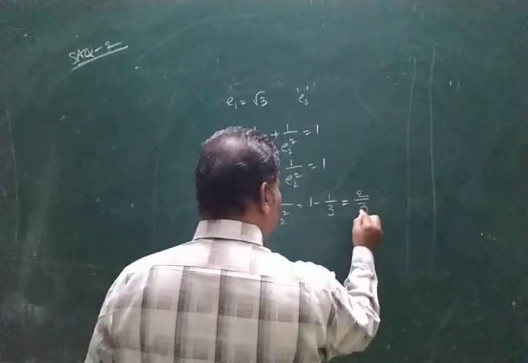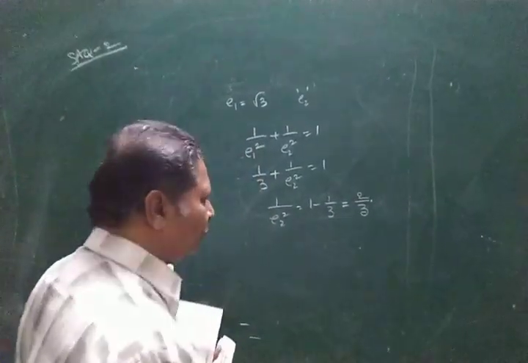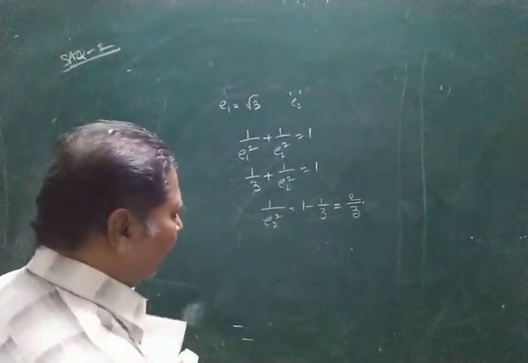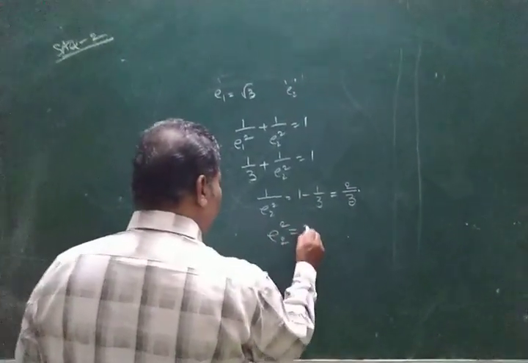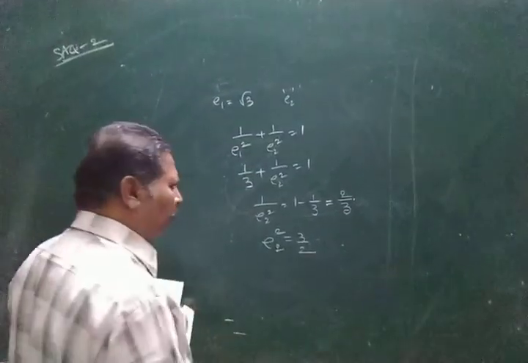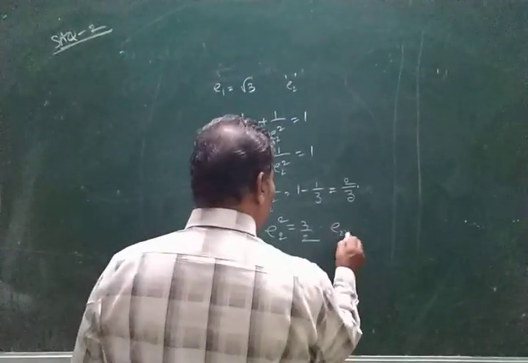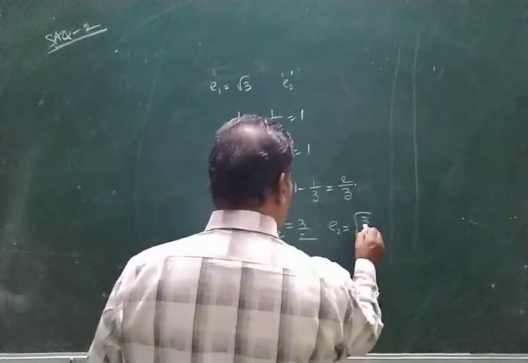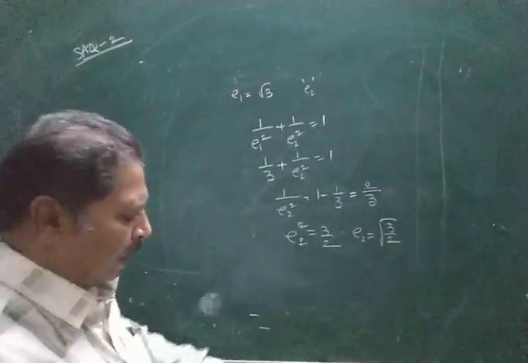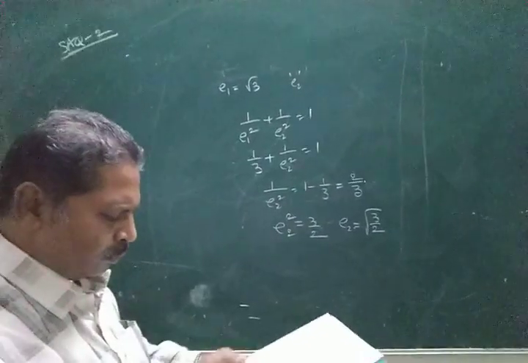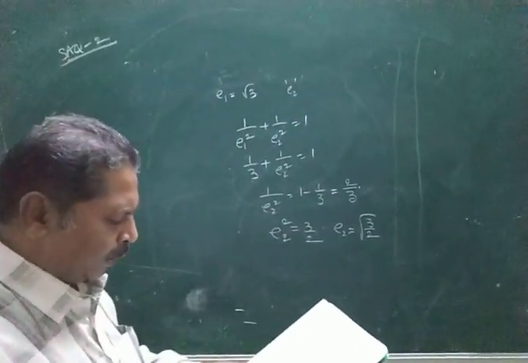That is 2 by 3. Take the reciprocal values. E2 square equal to 3 by 2. So E2 value under root 3 by 2.